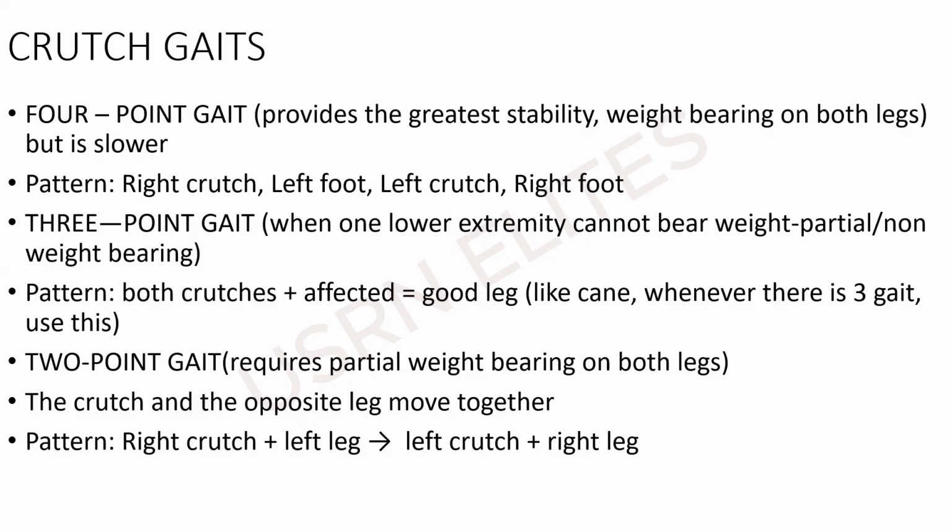We are looking at the fact that we can move 2 at a time. It means that the person can bear weight, a partial one. You understand? So it means that crutch plus the left leg is equal to left crutch plus the right leg.